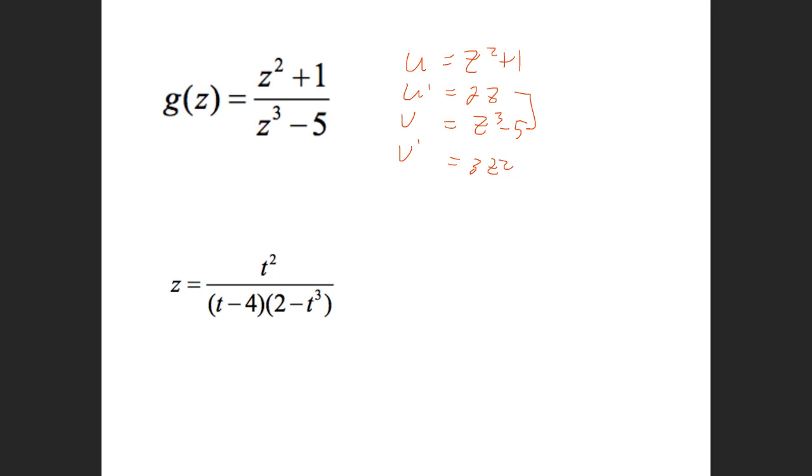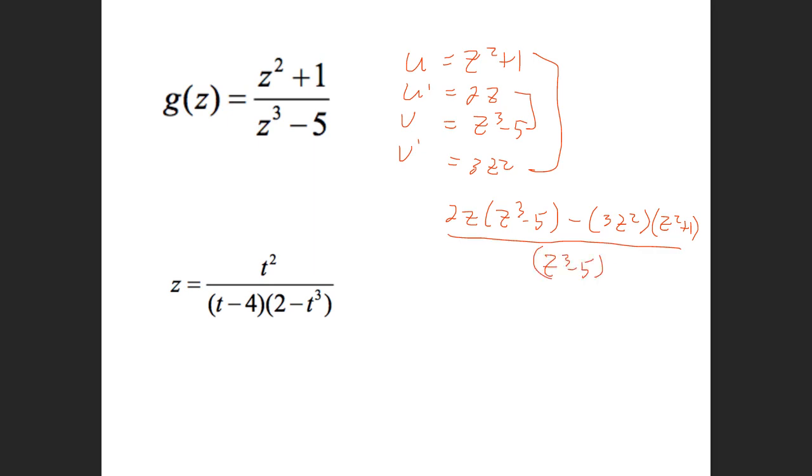Inside, 2z times z to the third minus 5, minus outside. So that's going to be 3z squared times z squared plus 1, all over bottom squared. So that's z to the third minus 5, quantity squared. Done. Boom.